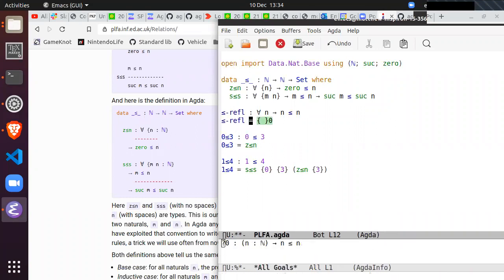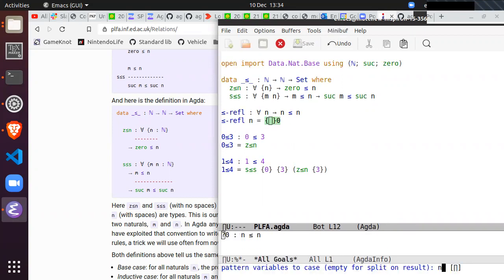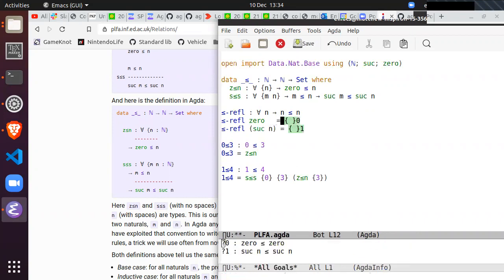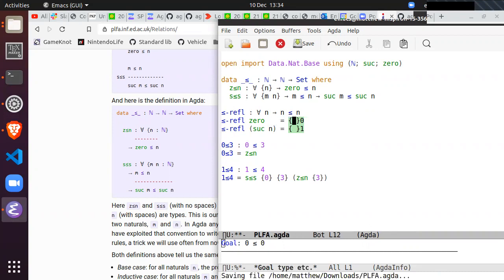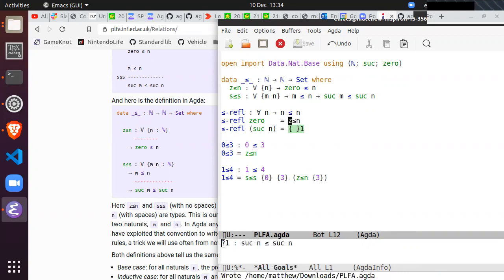This is relatively easy to prove. It takes one argument n, and we case split on what n is. If n is 0, what does Agda want us to supply? It wants us to supply the proof that 0 is less than or equal to 0. That's easy.